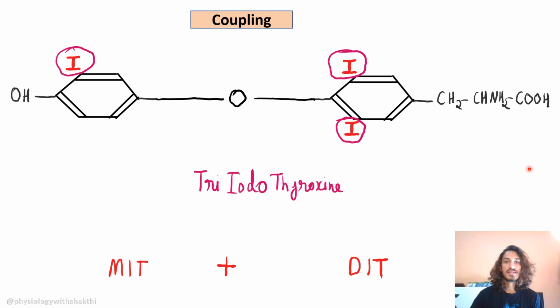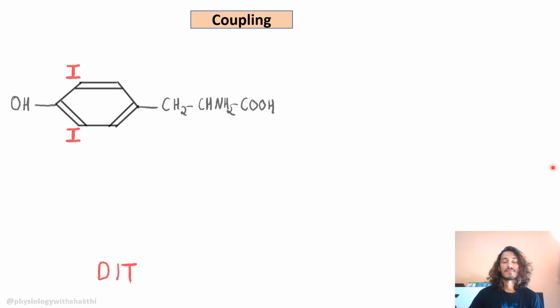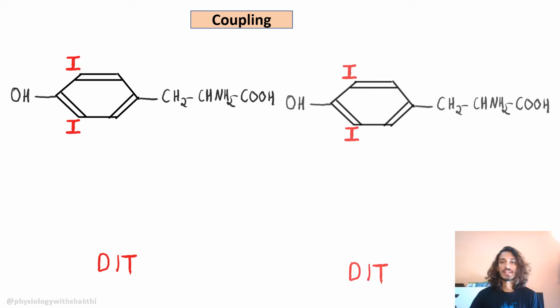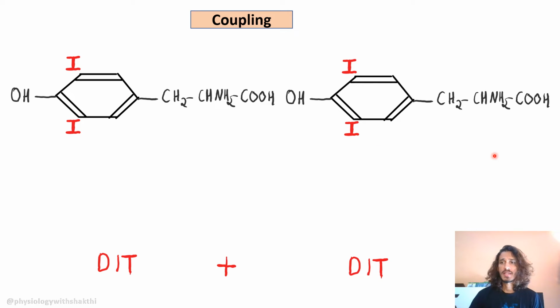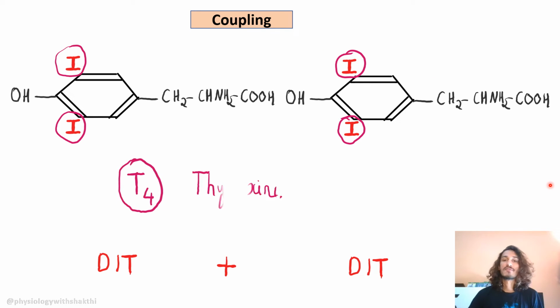That is your triiodothyronine. I hope this is clear. This is how triiodothyronine is formed, MIT along with DIT. On the other hand, if DIT is there along with DIT, this is pretty simple. In a similar way, 1, 2, 3, 4. So there are 4 over here. Earlier it was T3. Now T4 is formed, and this T4 is what is called thyroxine.